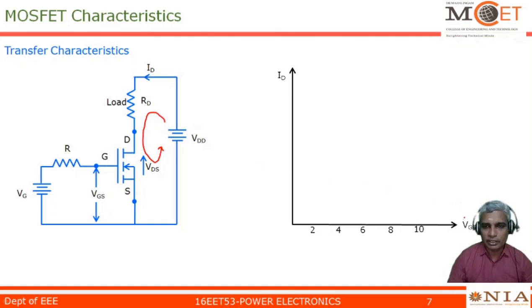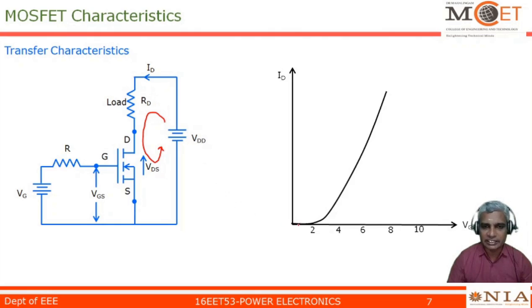So I'm going to plot VGS with respect to ID. VGS is the gate to source voltage with respect to ID. So this characteristic is what we call the transfer characteristics. When we slowly increase this VGS and observe ID, keeping this VDD or VDS constant, vary this VGS, observe ID.